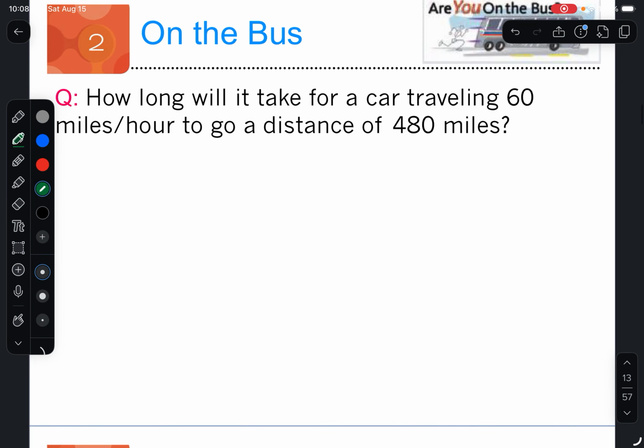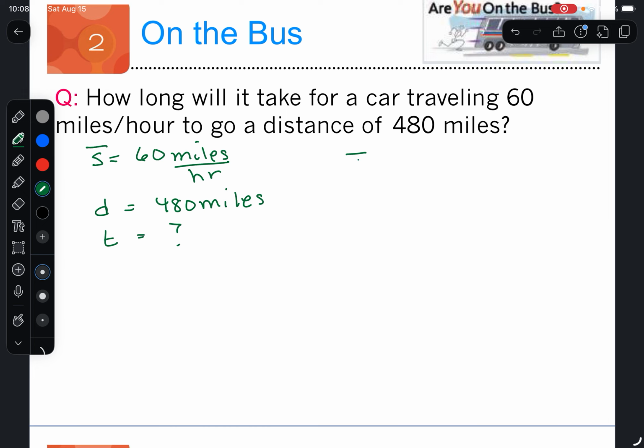Okay, in this next one, we're looking for how long will it take a car traveling at 60 miles per hour. So we know our 60 miles per hour is our average speed. We're told a distance of 480 miles, and we're asked to find the time.